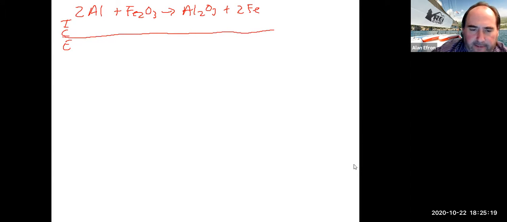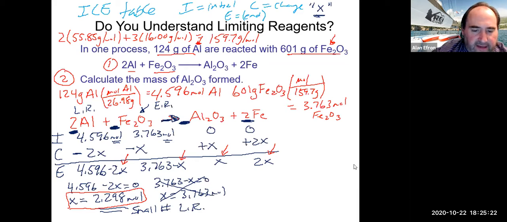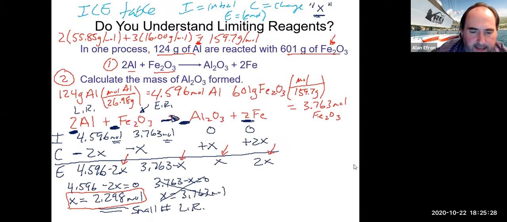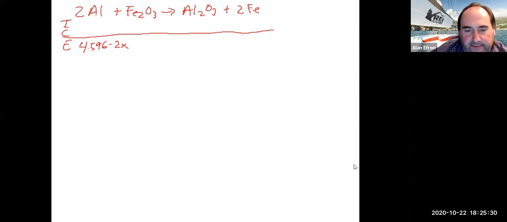So at the equilibrium here, we had 4.596 minus 2x, 3.763 minus x, and x and 2x. Okay. And we just determined that x is equal to 2.298.